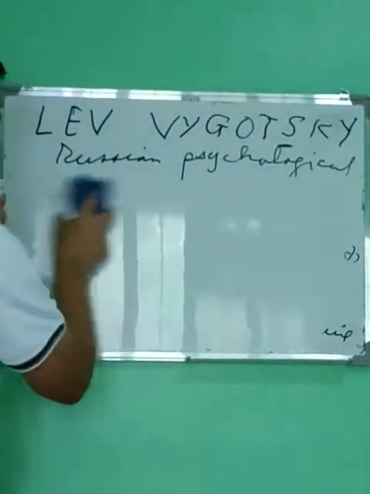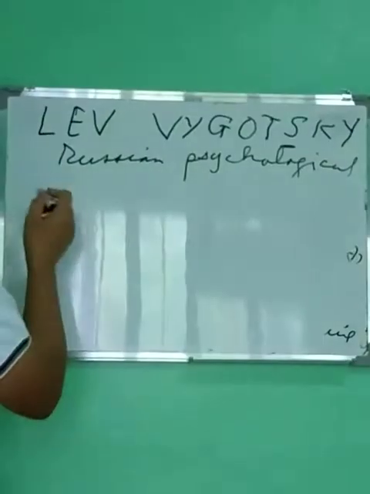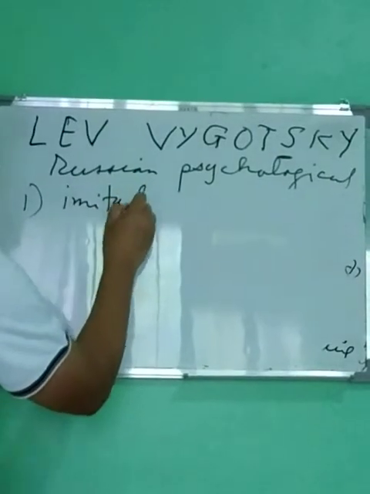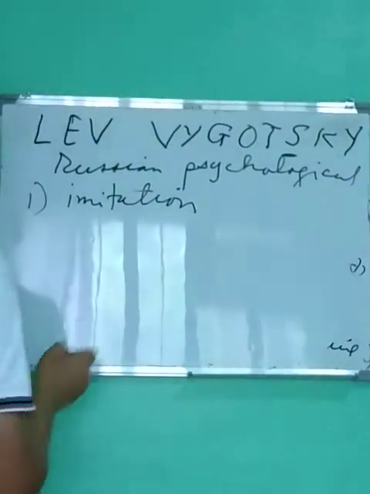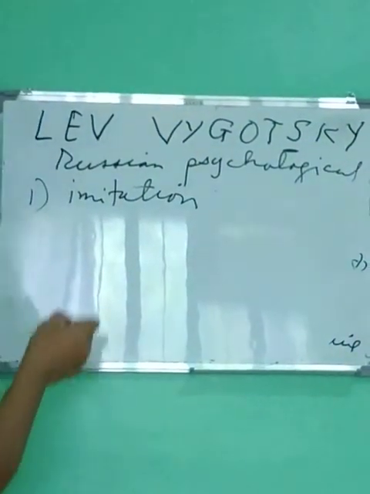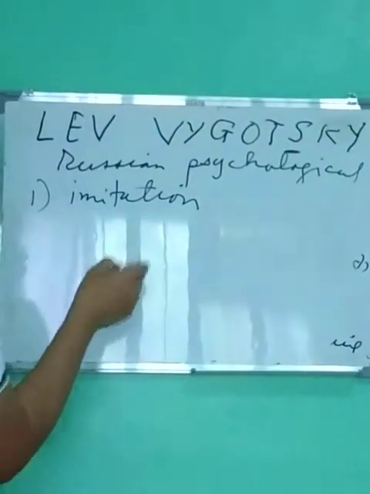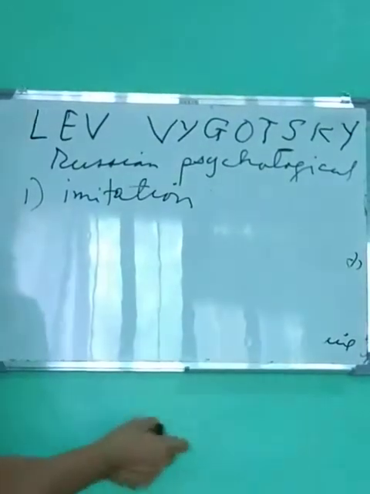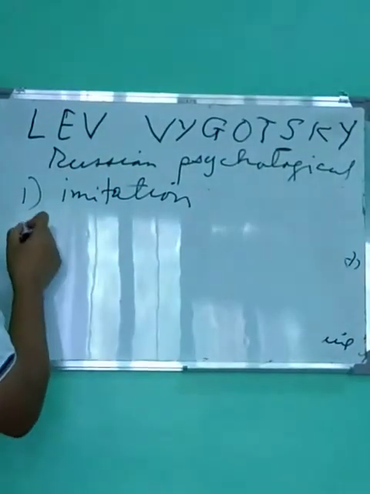So Vygotsky's contribution has something to do with imitation, the modeling that we talk about. The child will just imitate or follow what is being modeled or shown by the more knowledgeable other.